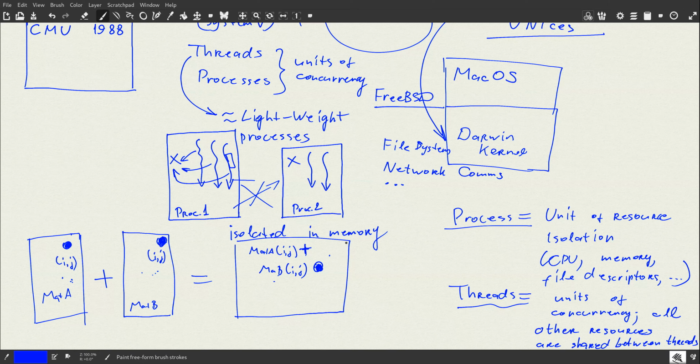Instead, each of them would have its own copy of the result. And if, for example, we do it using two processes, and the first one operates on the top half of all matrices, and the other one operates on the bottom half of all matrices, then what would happen is that they would get two results.